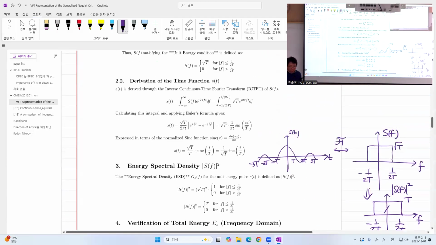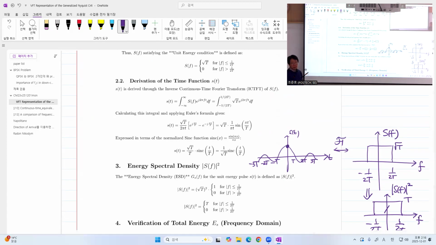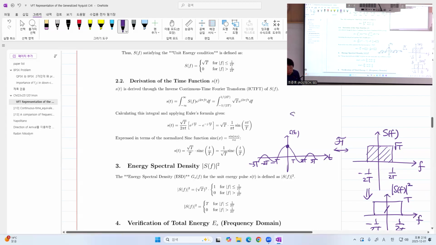By the way, question, what would be this value? Anyone? So the integration of S(f) gives us s(0), right? Because s(t) is the inverse Fourier transform with respect to f.